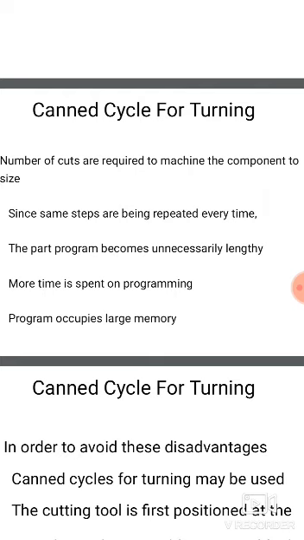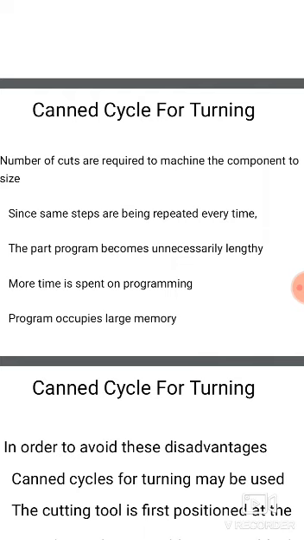Canned cycle for turning: for getting the required shape, it requires repetitive machining tasks. So for getting the shape, we keep repeating the task. Since the same steps are repeated every time, the part program becomes lengthy and occupies large computer memory.